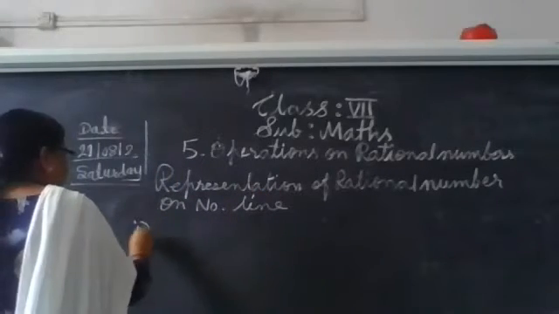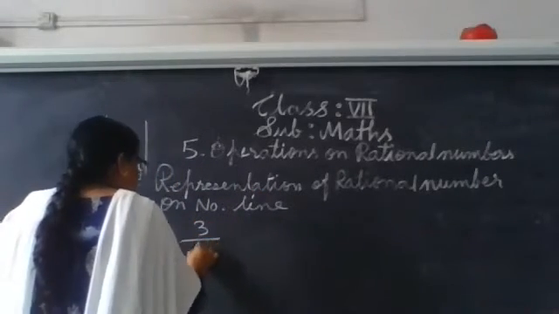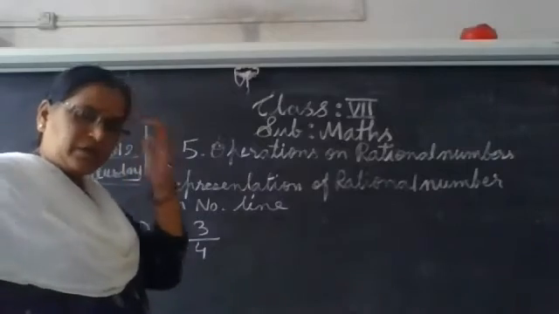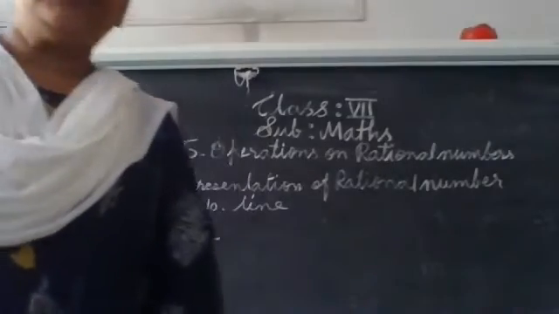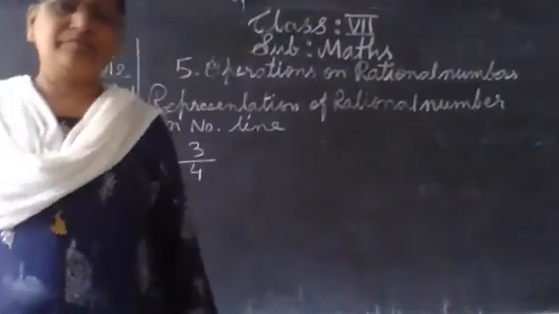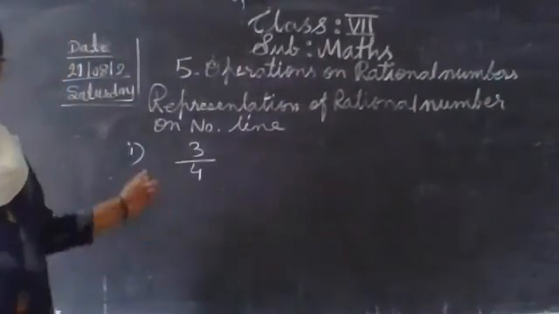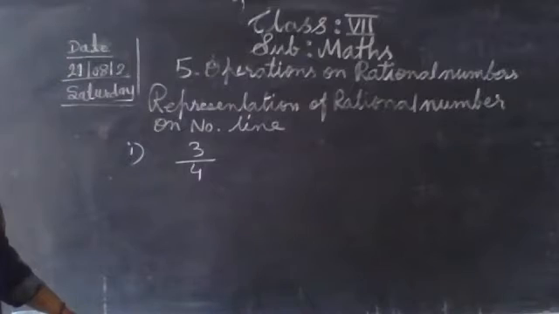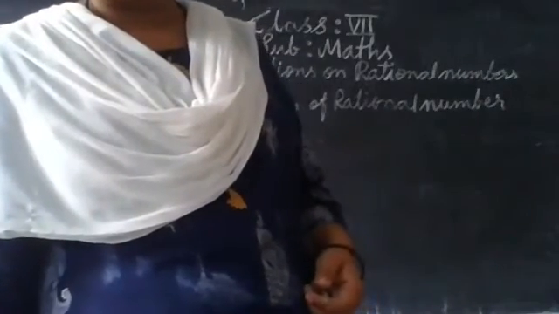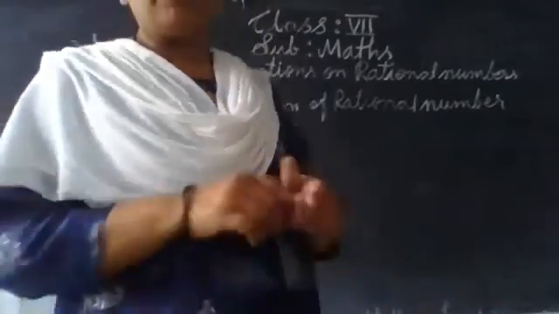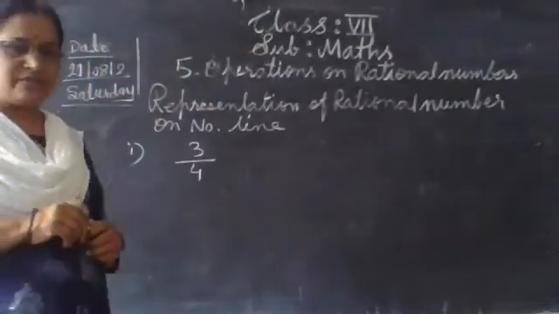Okay, so first see 3/4. What type of fraction beta it is? See, numerator is smaller than denominator. That means what? It is a proper fraction.